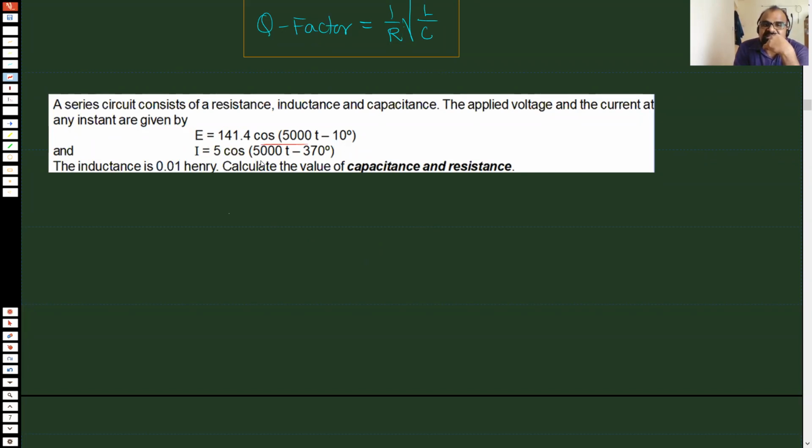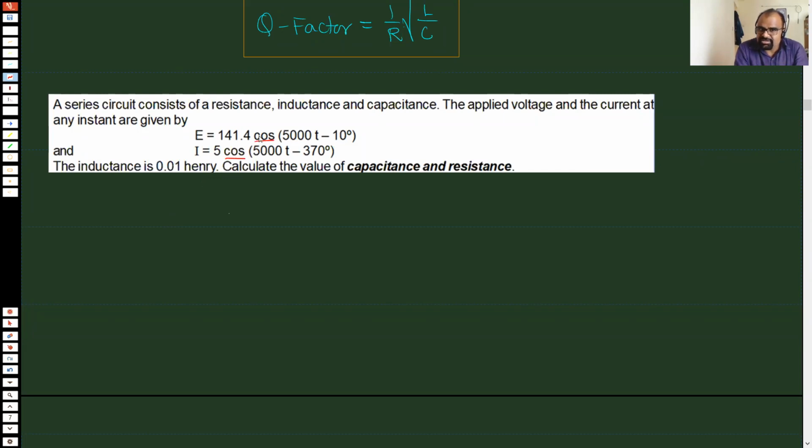This is instantaneous current. Can you see that they have a phase difference? And can you tell me how much is the phase difference? See, both are cosine.